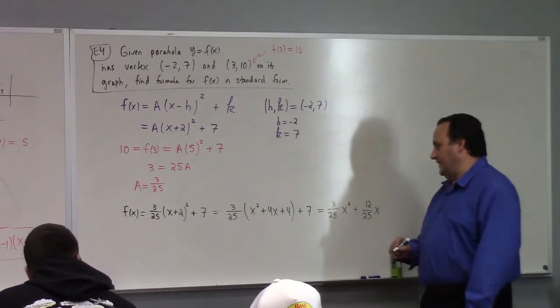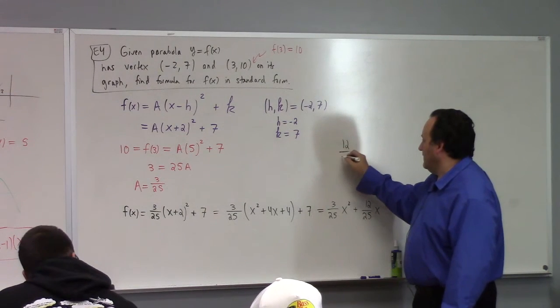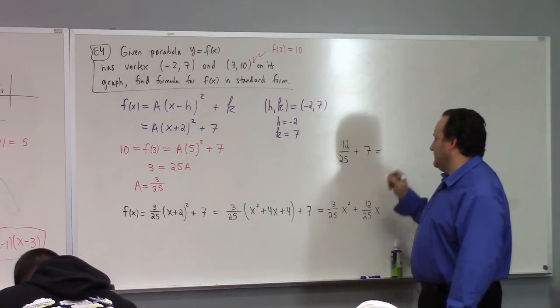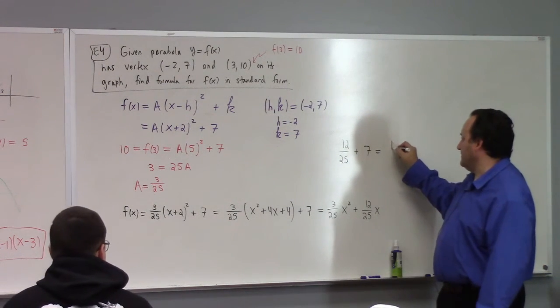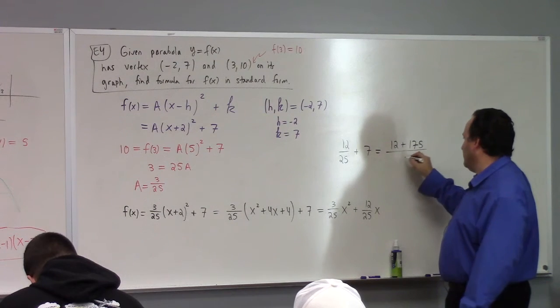All right. And then I've got to figure out what 12 over 25 plus 7 is. That's what? 12 plus 175 over 25, right?